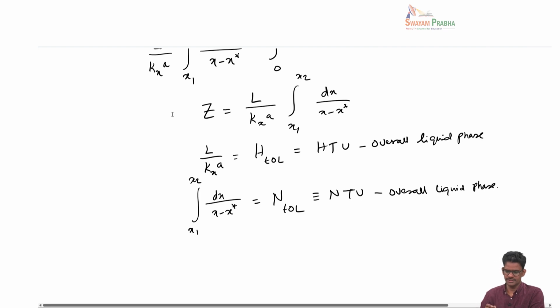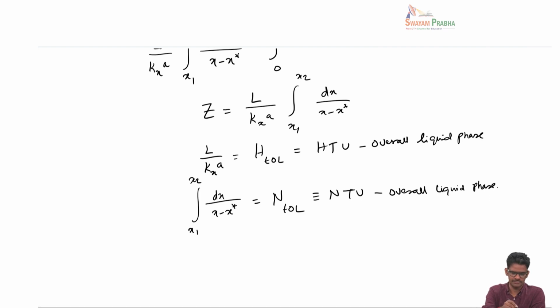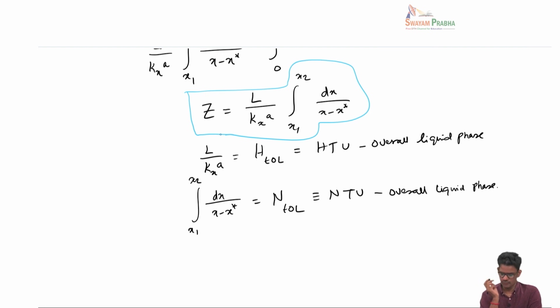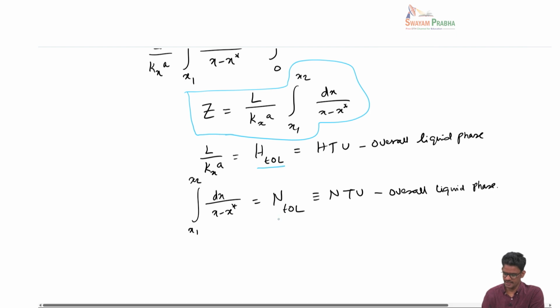So essentially this is our design equation. This is our design equation to calculate the height of the packing for the stripping operation, which involves the calculation of HTOL and then NTOL. So if I know the liquid flow rate, mass transfer coefficient and interfacial area through the packing material, I can calculate the height of a transfer unit.